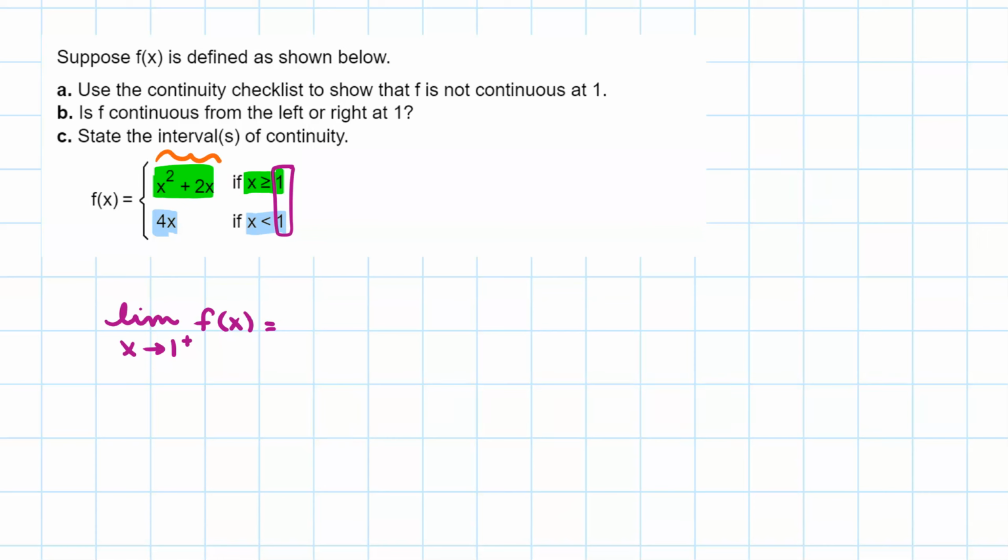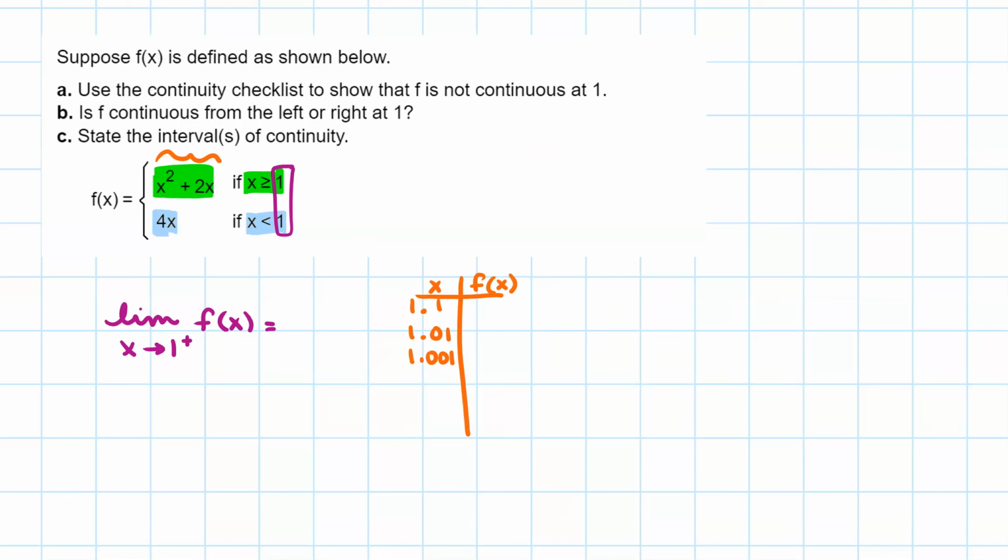If we come to 1 from the right, we're looking at x values that are to the right of 1 but close. So let's do 1.1, 1.01, and 1.001. Okay, so those are getting closer and closer. We are going to have to use a calculator for this.